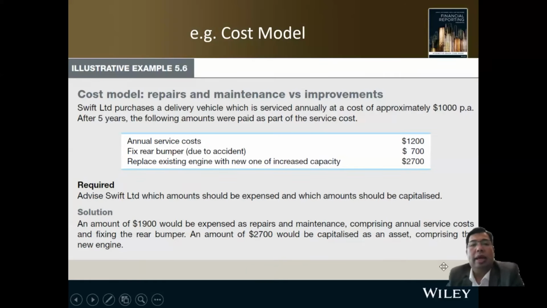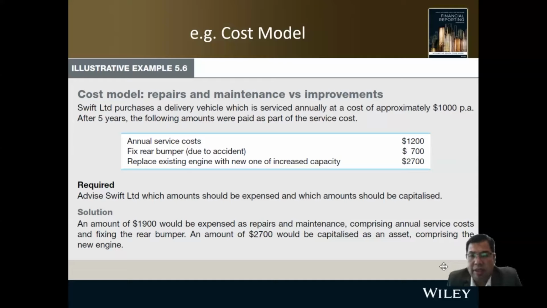Okay, let us look at this example, example 5.6. This is an example from the textbook Loftus. Swift Limited purchased a delivery vehicle which is serviced annually at a cost of 1,000 per annum. So this is the service cost, 1,000 every year. After 5 years, the following amounts were paid as part of the service cost.